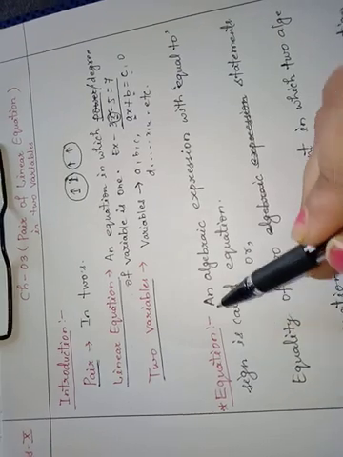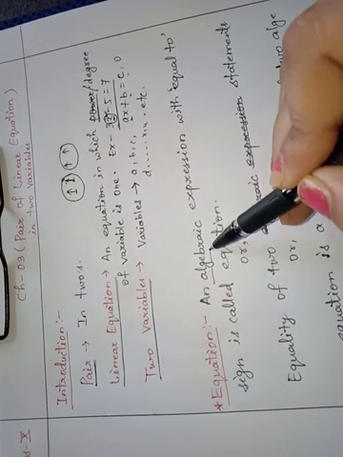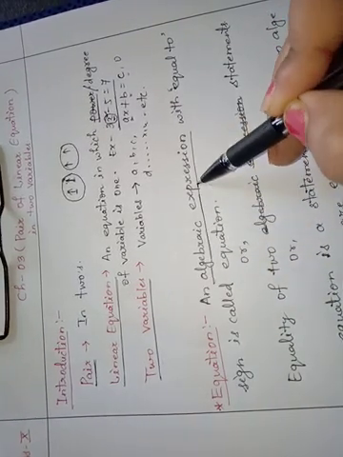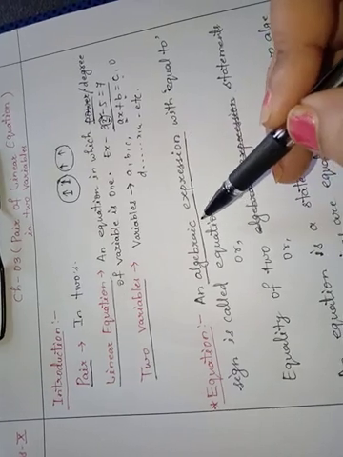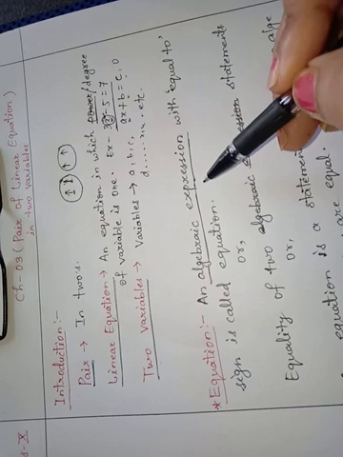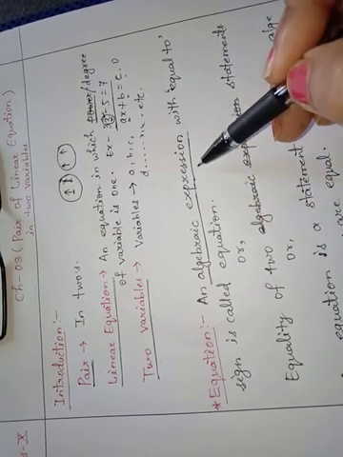Okay, so firstly we will try to understand what is the definition of equation. So equation, an algebraic expression. Have you remember algebraic expression? A combination of constant and variable which is connected by mathematical operation is known as algebraic expression.